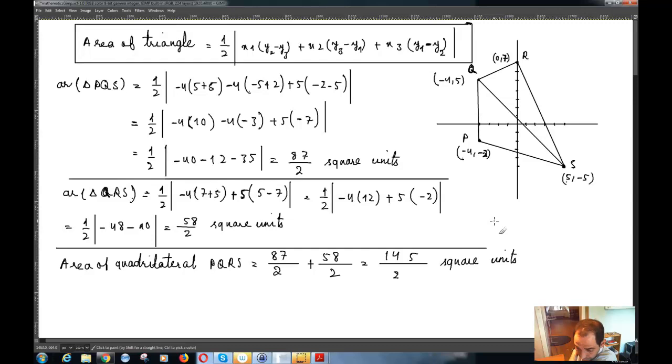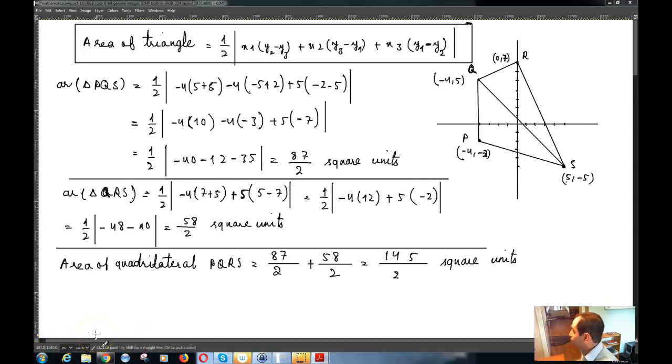So the next thing that we have here is exercise 10.1, in which you want to find the area of the quadrilateral with the points negative 4, 5, and so on.